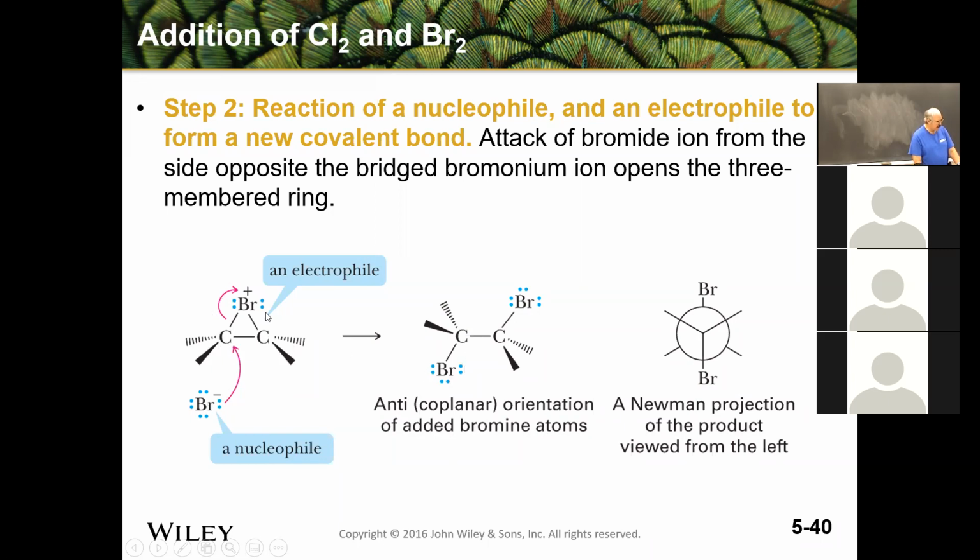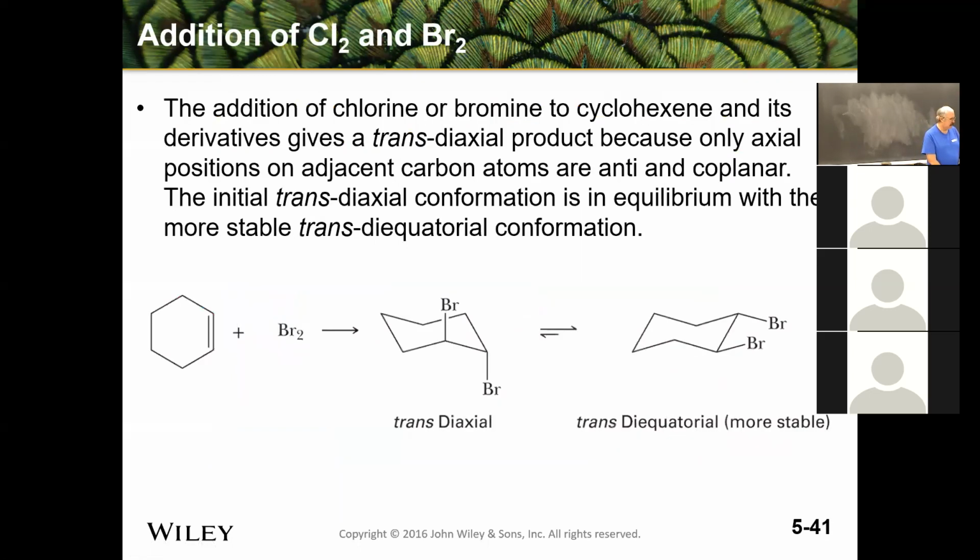This bond breaks, and so the two bromines are 180 degrees apart in the product. They're anti, and they are coplanar. Using the Newman projection, that's what this shows. They're 180 degrees apart, anti-coplanar. So we only get the trans isomer, not cis and not a mixture of cis and trans.